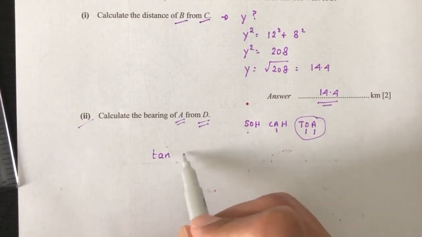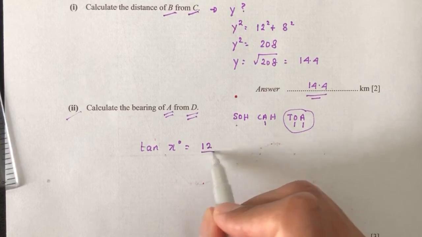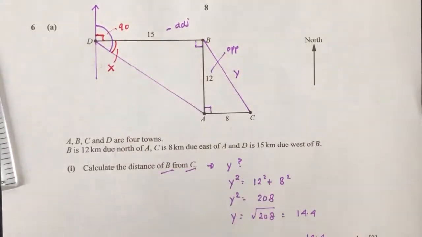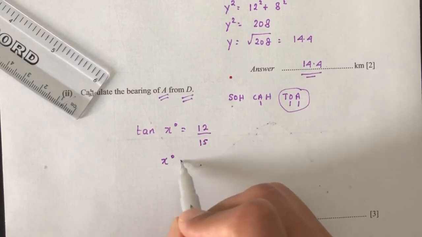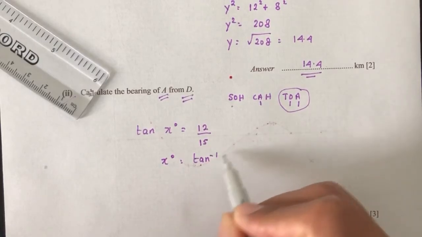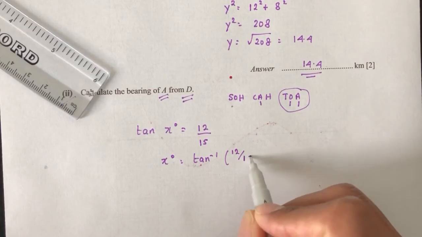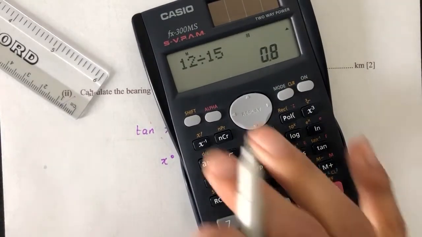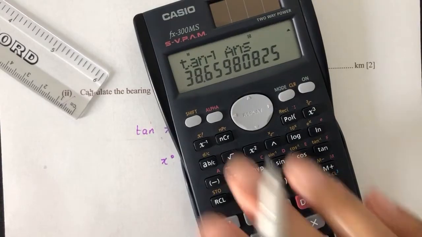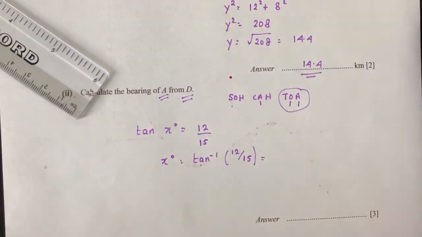Tan of angle X is equal to the opposite side, which is 12, divided by the adjacent side, which is 15. So X equals tan inverse of 12 divided by 15. Let's do that: 12 divided by 15, and tan inverse gives 38.7.